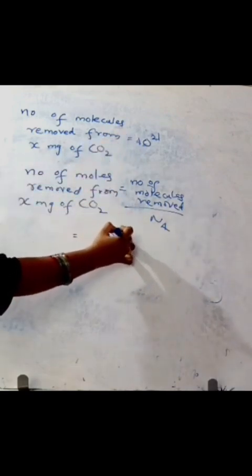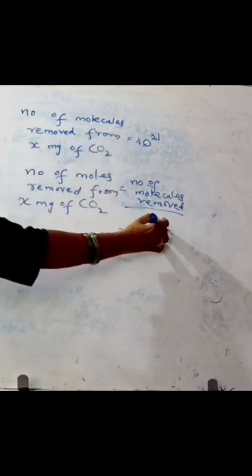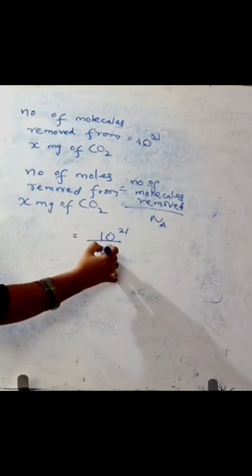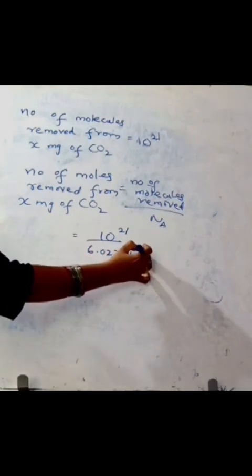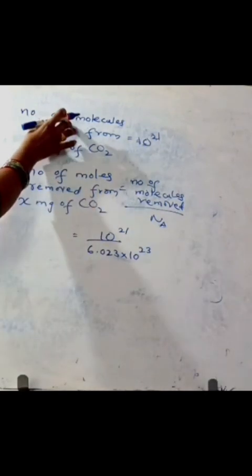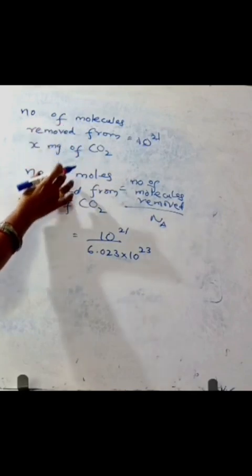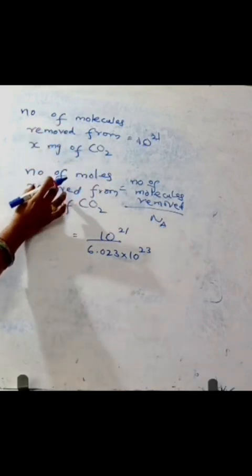Here number of molecules removed is 10 power 21, and Avogadro number is 6.023 into 10 power 23.